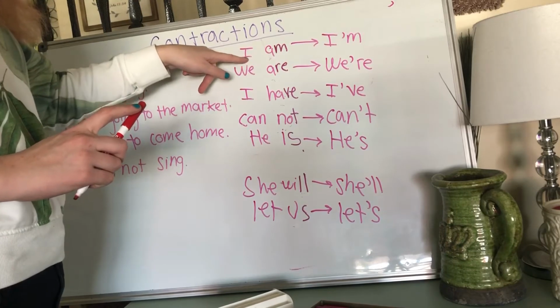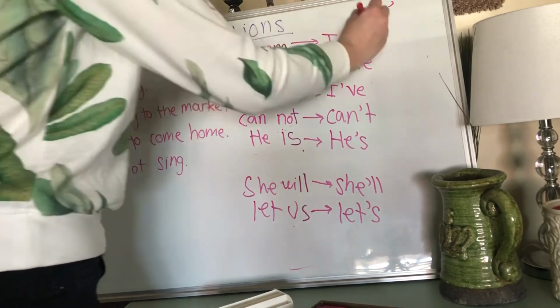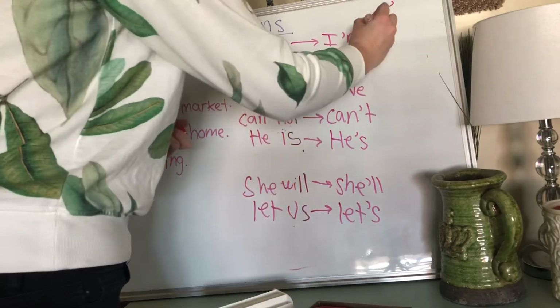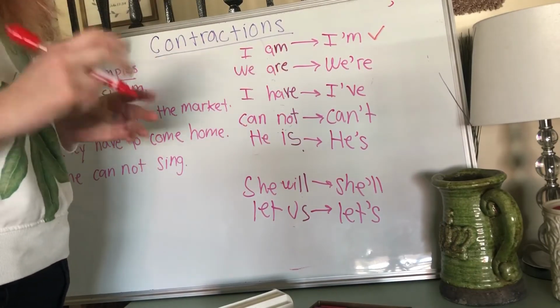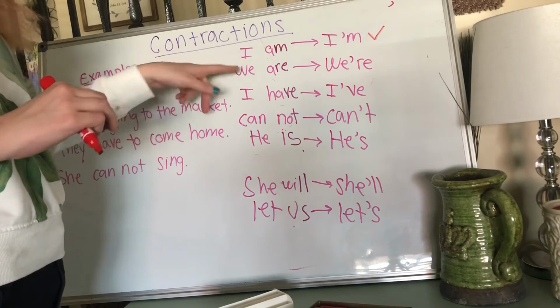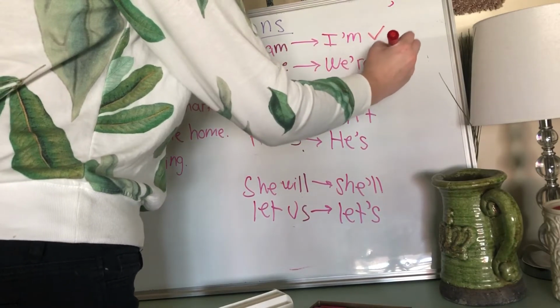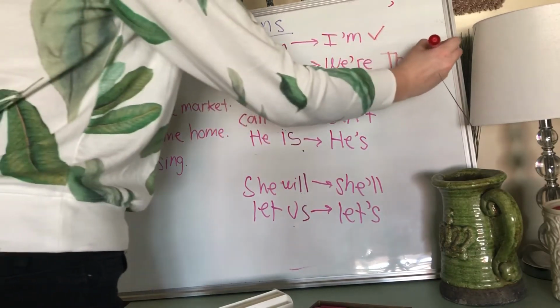I is the only noun that can go with am. So this one stays the same, okay? Stays the same. Okay, now we have we are. Remember our is, am, and are rules. What else goes with we are? They are. So another example here is they, apostrophe to replace the A, R-E.